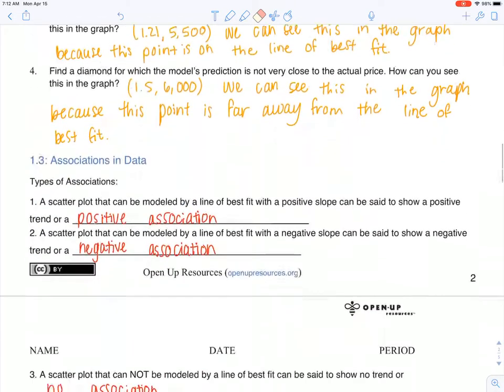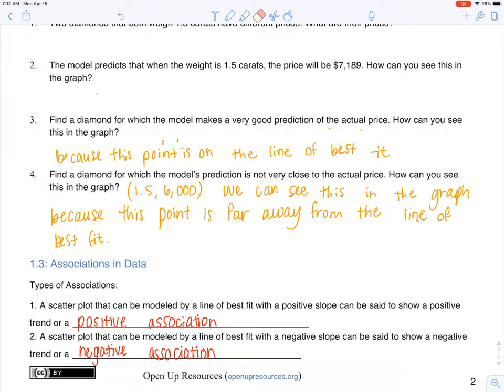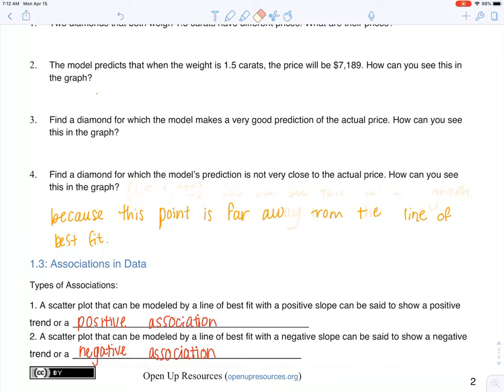Okay, guys, while I'm doing this, please make sure you have your name and date on here. And you can go ahead and read the first question.